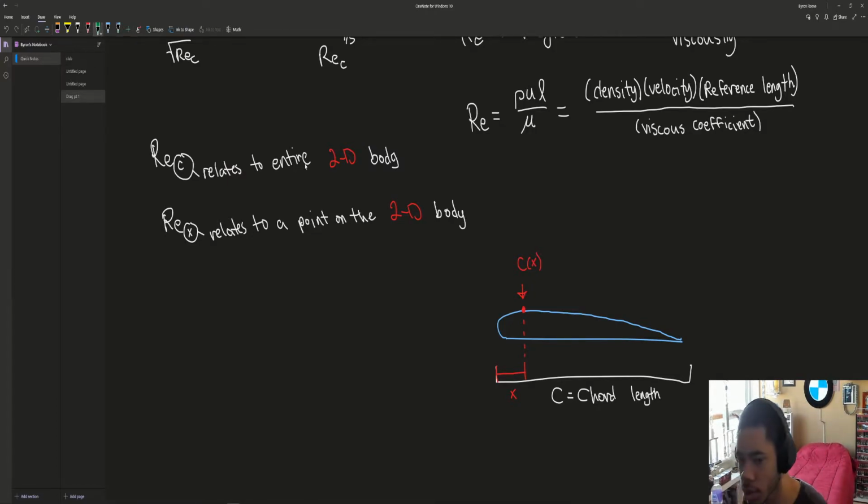We're going to draw our coordinate system like this. So c of x is a certain point, and we can find the Reynolds number at any given point too. So by doing that, if you calculate your Reynolds number at any given point in your airflow, you can actually tell when the boundary layer changes from laminar over to turbulent, with a slight buffer zone, and that's called the transitional area.